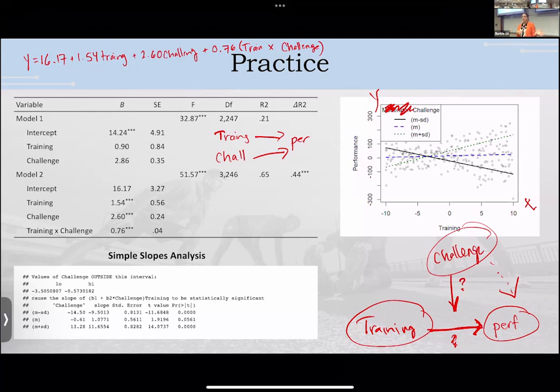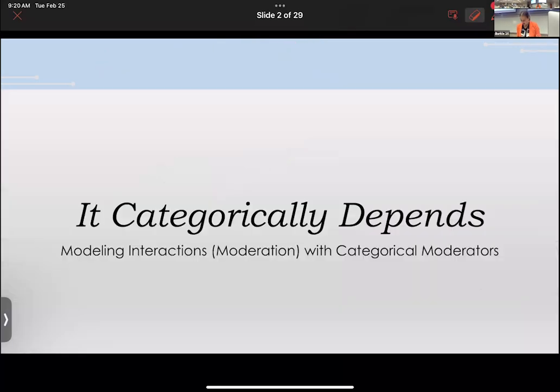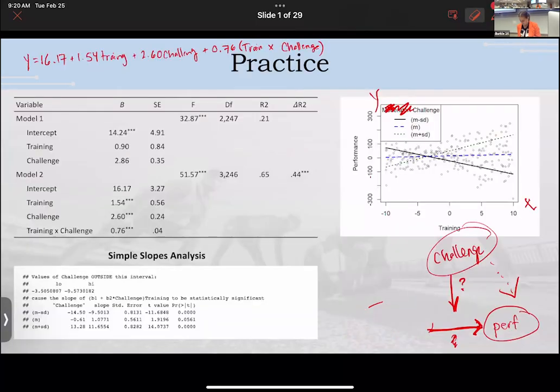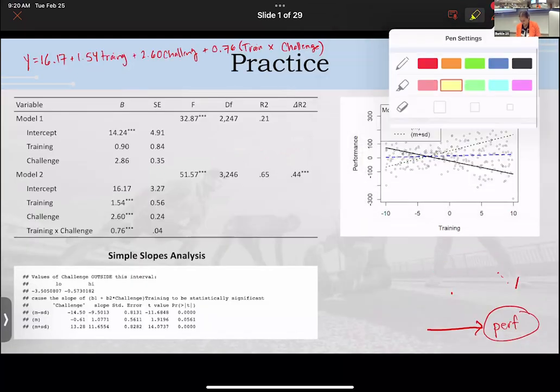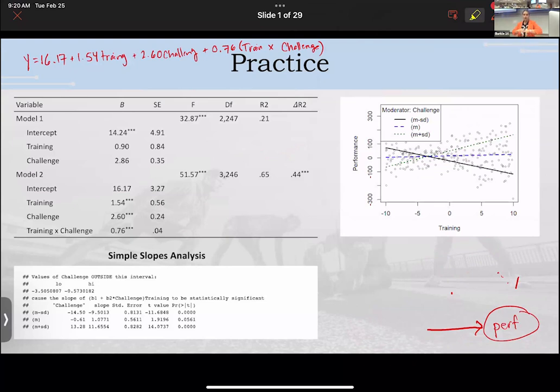We've got our evidence. Now the question is how. How does challenge change the relationship between training and performance? Let's start with where the relationship between training and performance starts, when challenge is average. That is right here. Why do we know this is when challenge is average?